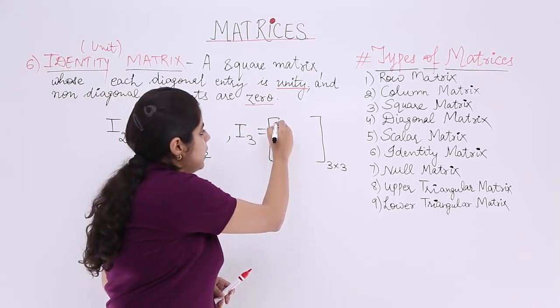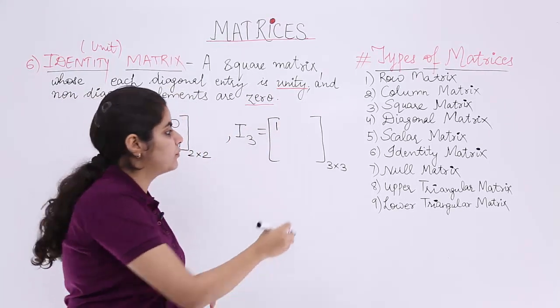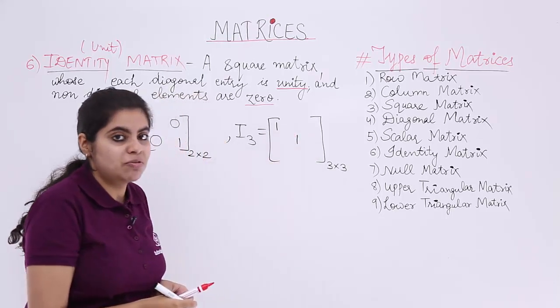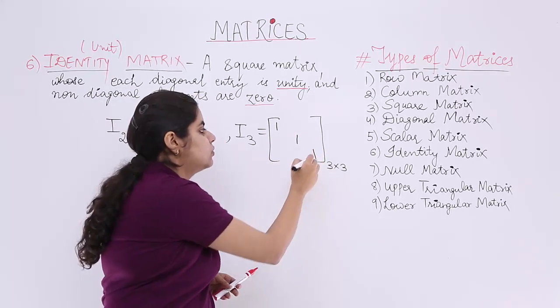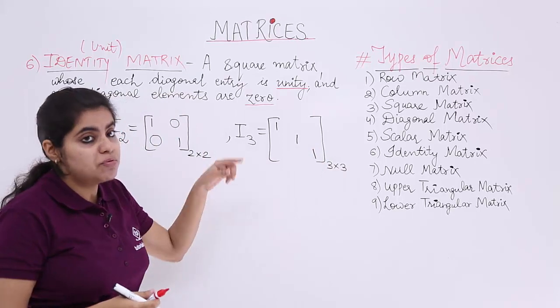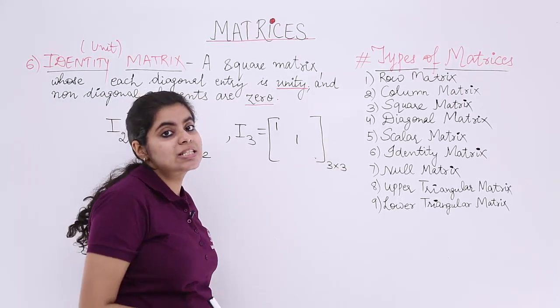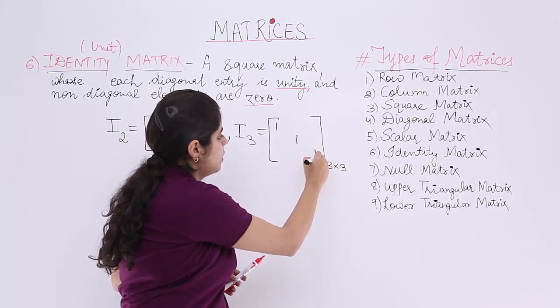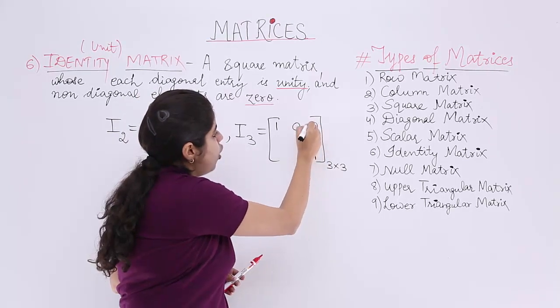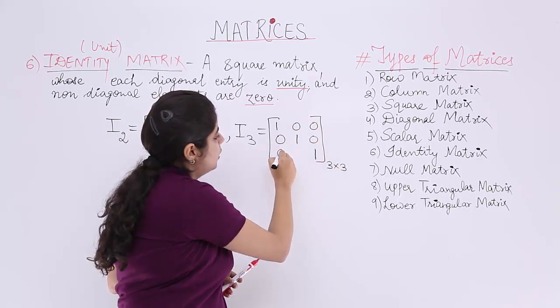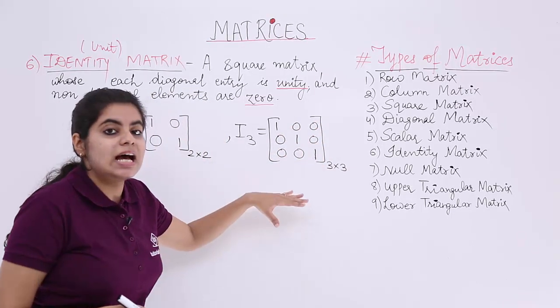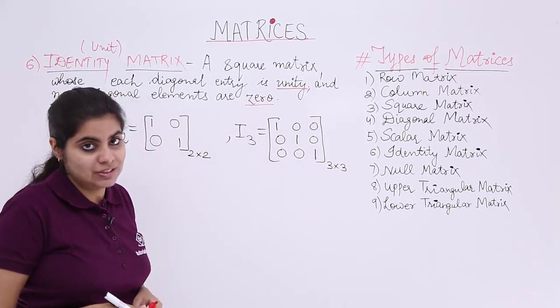Diagonal unity means A11 as 1, A22 as 1 and A33 as 1. And the rest of the entries have to be 0. They would not be 1. This is the identity matrix of order 3.